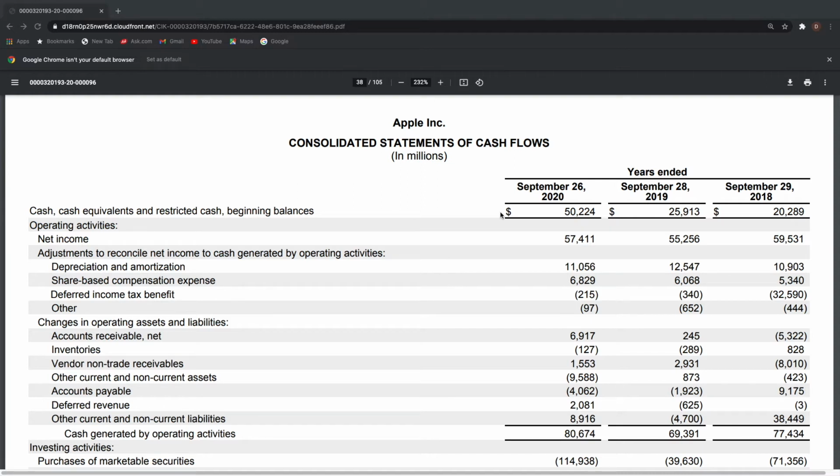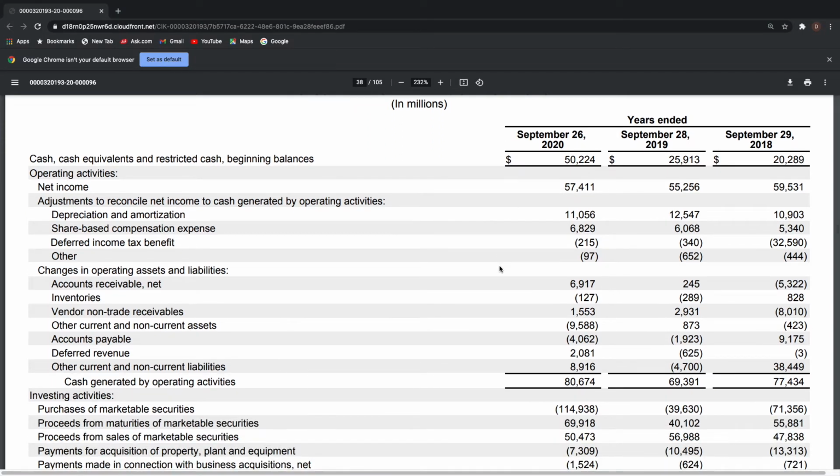At the top here, we've got the starting balance, which was $50 billion. Then we take the net income from the income statement, which is $57 billion. As we move down, we need to reconcile the non-cash expenses. Depreciation and amortization is a non-cash expense.